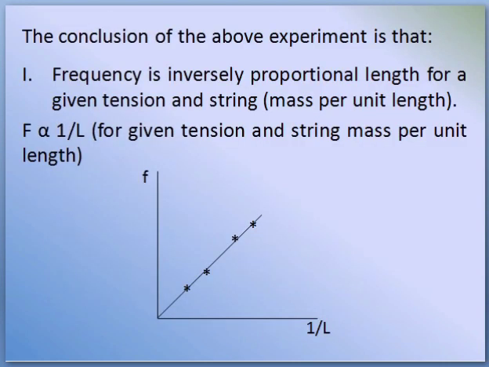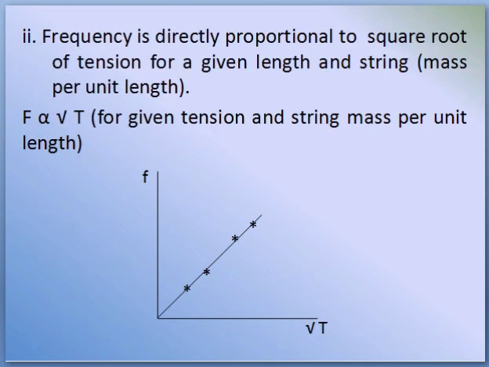1. Frequency is inversely proportional to length for a given tension and string, that is, mass per unit length. Mathematically, frequency is directly proportional to 1 over length, which is F ∝ 1/L, for a given tension and mass per unit length. 2.